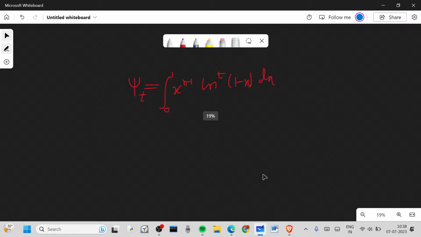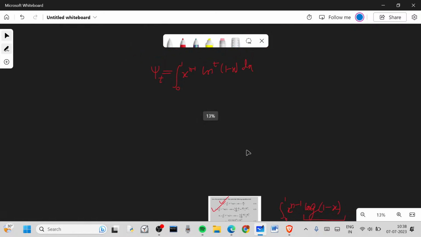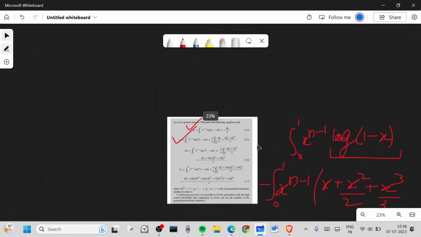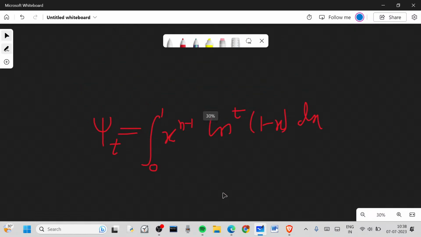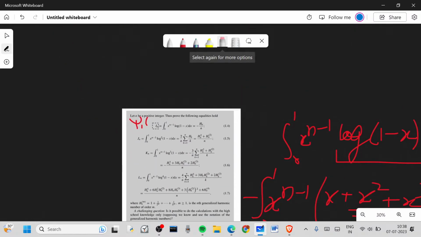And what we have to prove is, as we can see here, in terms of phi, this is phi 1. It's not called phi, it's called psi. Psi 2, this is psi 3, this is psi 4.